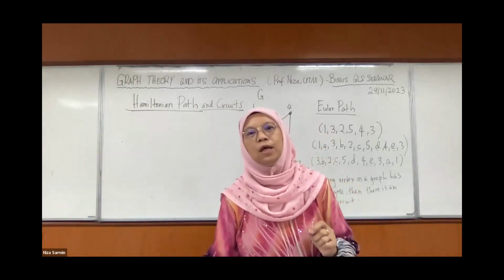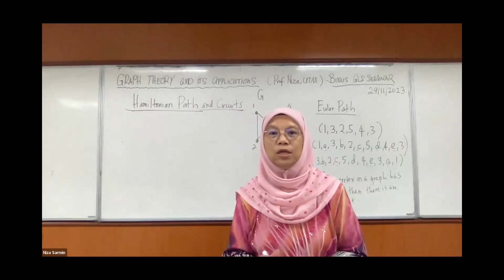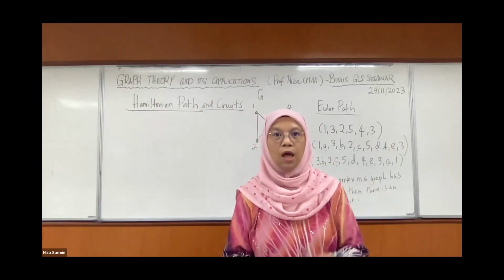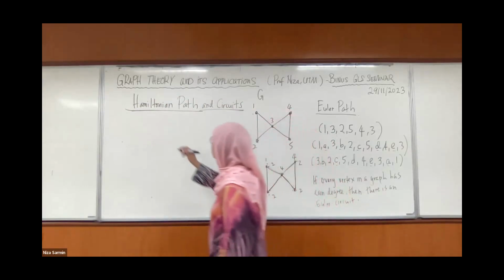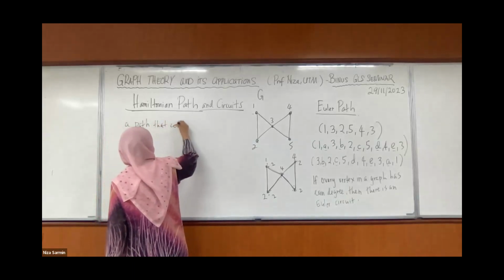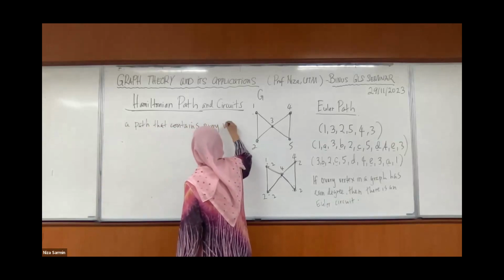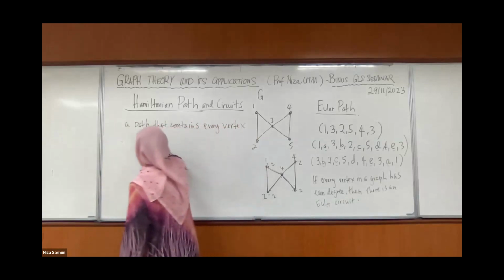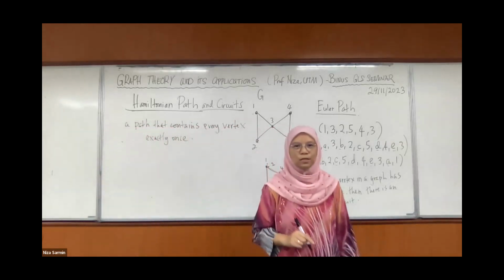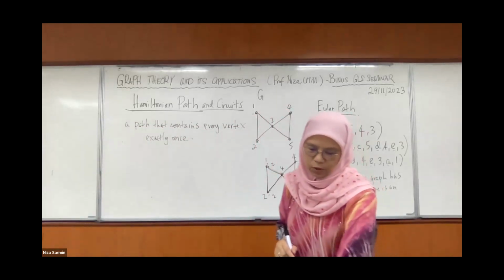Okay, if for Euler it's the edges, for Hamiltonian it's the vertices. So a Hamiltonian path is a path that contains every vertex exactly once.